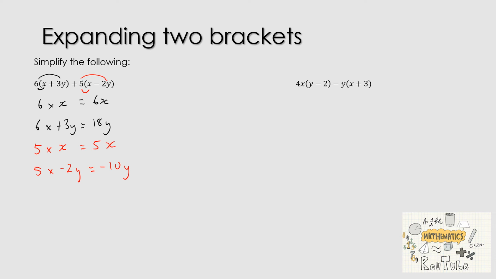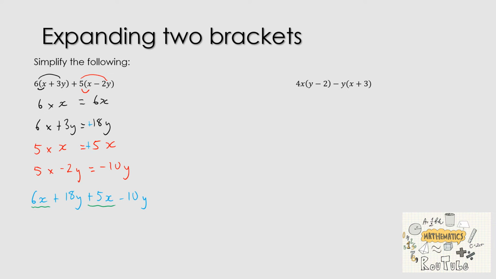And then now we can bring down everything that we have, and you see there's multiple x's and y's. So we've now got 6x plus 18y plus 5x minus 10y. Now let's simplify by collecting like terms.